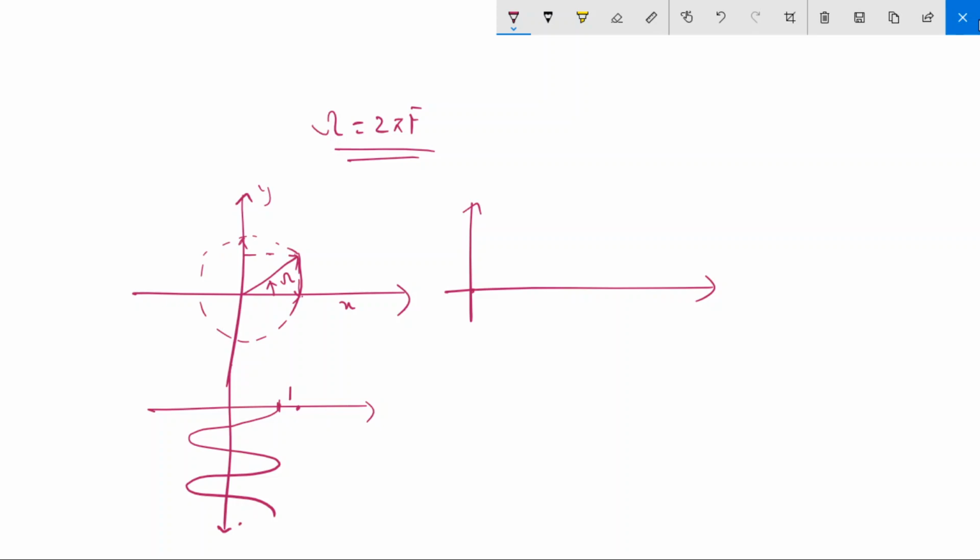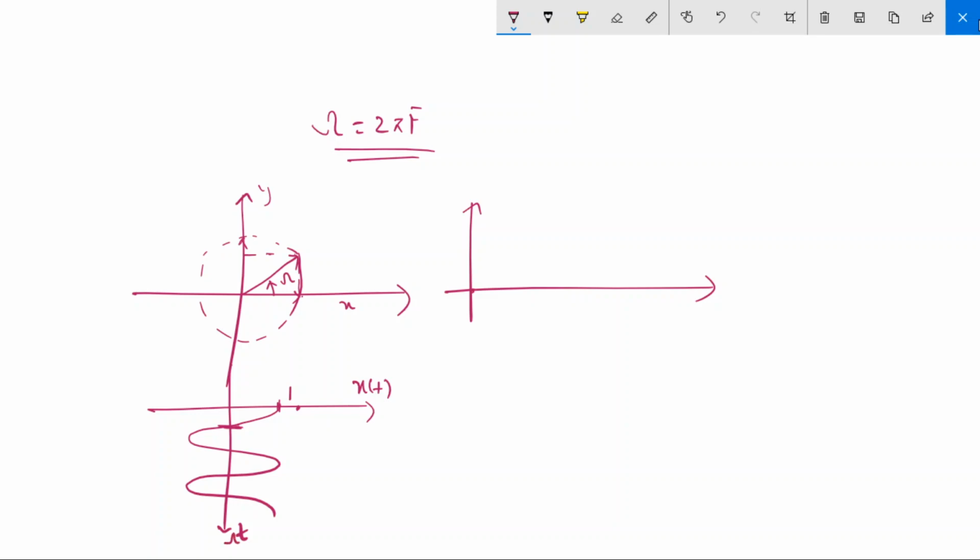This is t, and this is x(t), which is nothing but cos. Now this point is pi by 2 in terms of phase; if you say angle, this is when omega t becomes pi by 2.